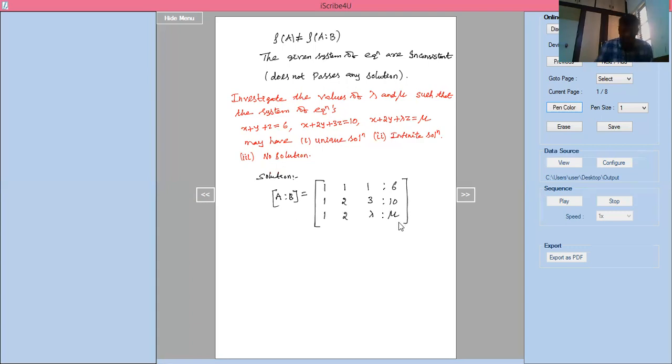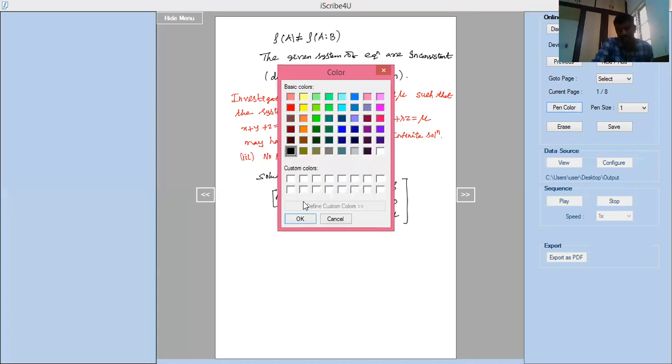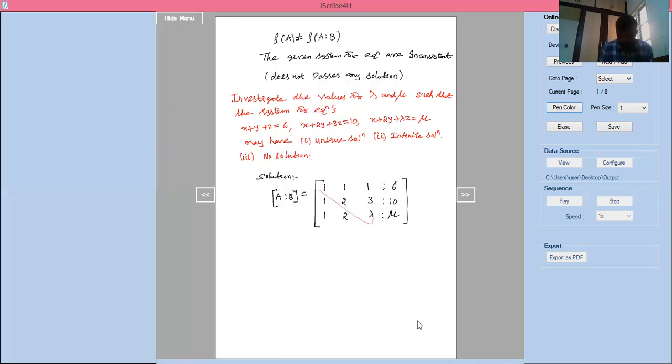Now I will identify the principal diagonal elements, and below the principal diagonal elements I make 0. The principal diagonal elements are 1, 2, lambda. Now I can make R2 implies R2 minus R1, R3 implies R3 minus R1.